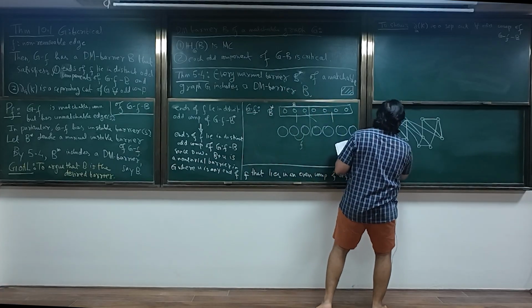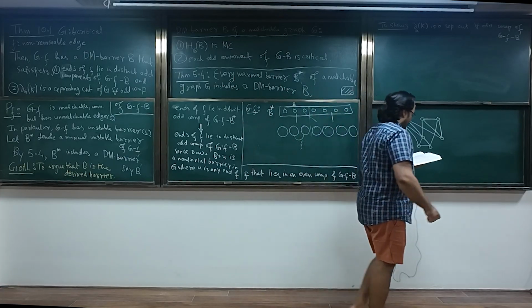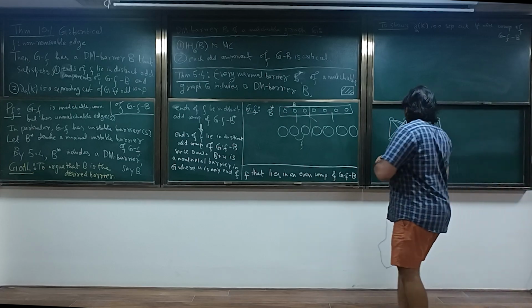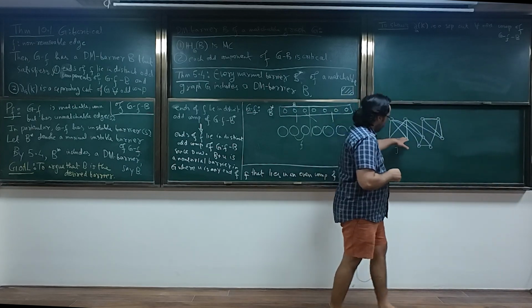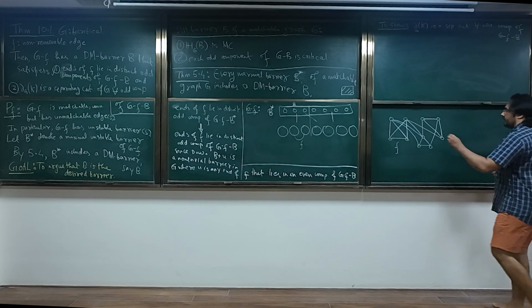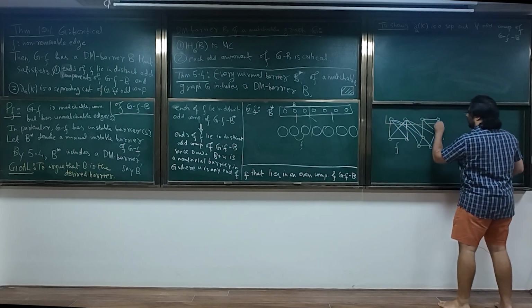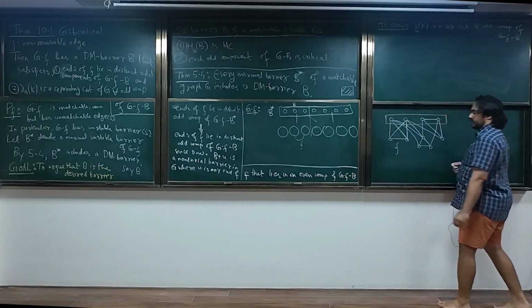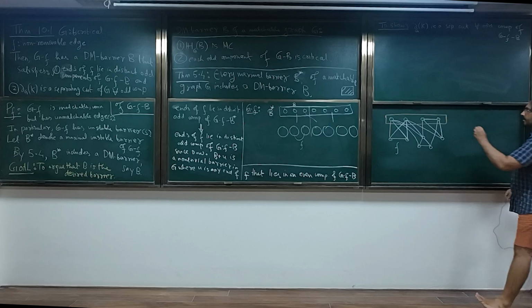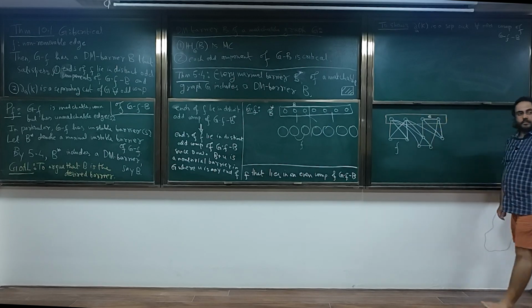This is F. This is a bicritical graph. And F is non-removable. That is easy to see because once you remove F, you have a barrier that is unstable.